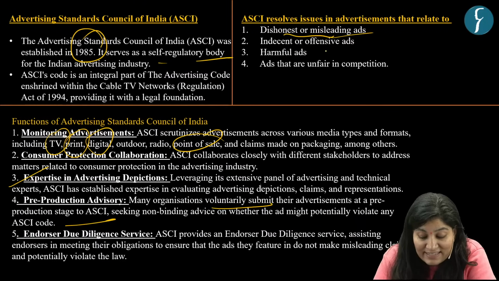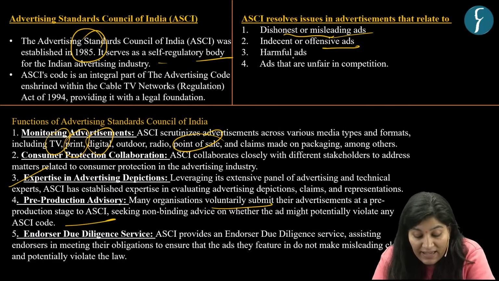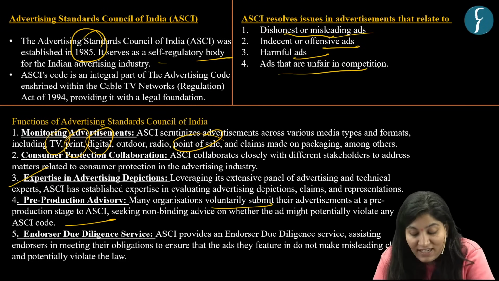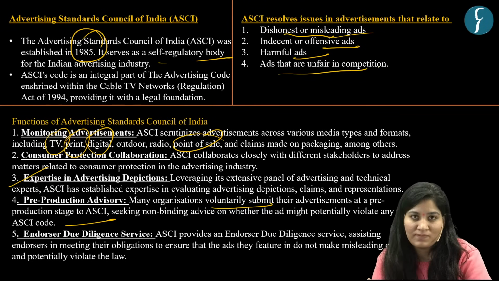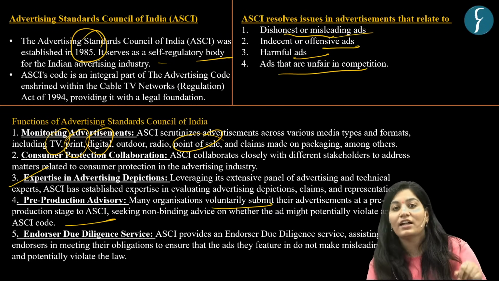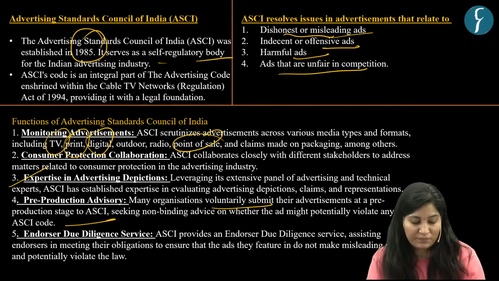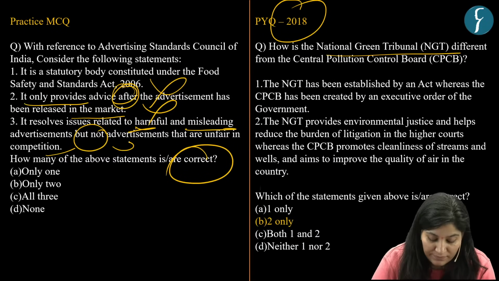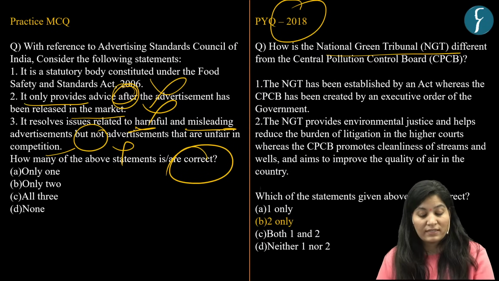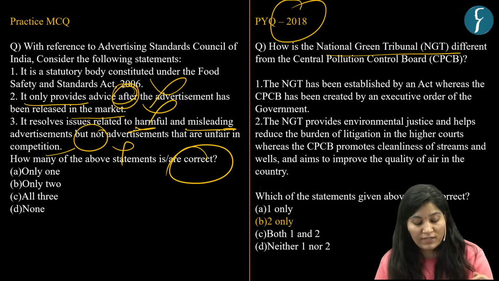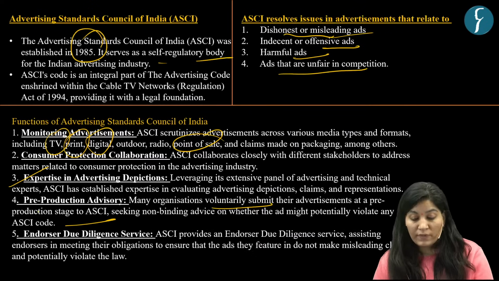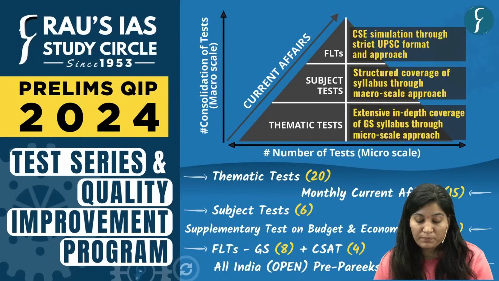Second, indecent or offensive ads, harmful ads, and ads that are unfair in the competition. So it does cover ads that are unfair in competition. Got it? This makes our third statement incorrect. So with this, all three statements are wrong. So our answer is D, none. So here we are done with our prelim pointers.